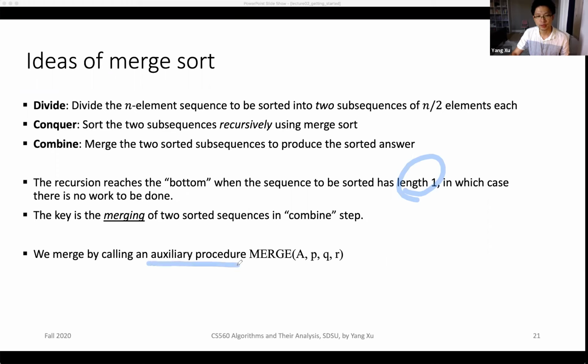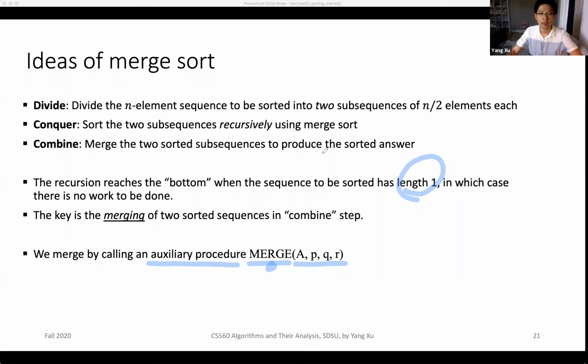This is not the final merge sort procedure, but it's called merge. Note the name here, there's no sort. This procedure only conducts the combine step. It only fulfills the merge step.